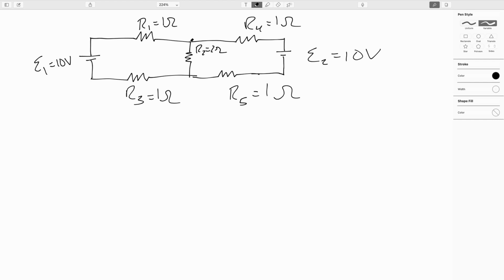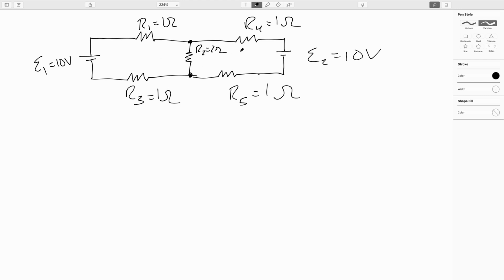So let's go ahead and assign our currents. Currents can change whenever you hit a node. In this branch right here, there are no nodes. If I were to run my finger through, there are no junctions here. Looking at this, you can tell that this is going to be going clockwise and this is going to be going counterclockwise.